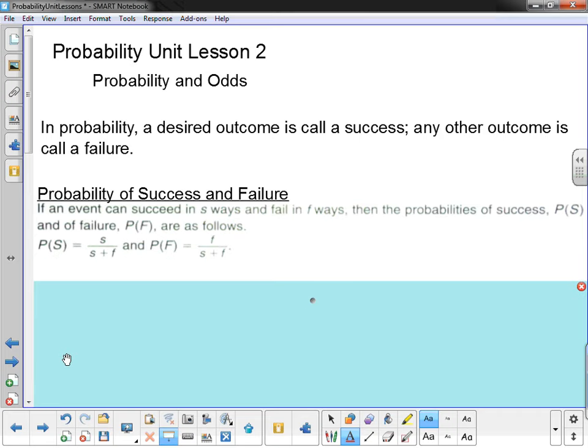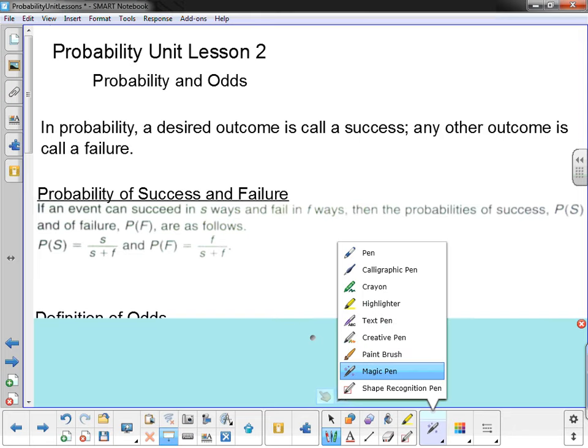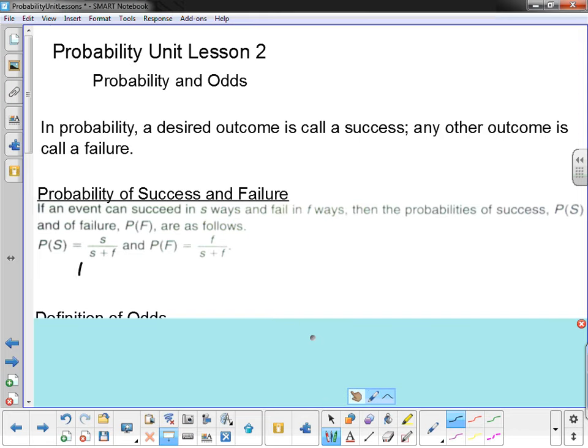P of S is equal to S over S plus F. So the easiest way for me to write that or think about that is number of successes over total. And P of F is F over S plus F. So, number of failures over total.